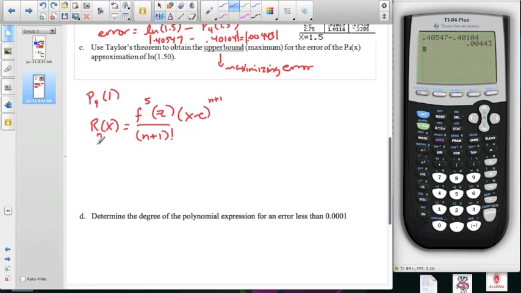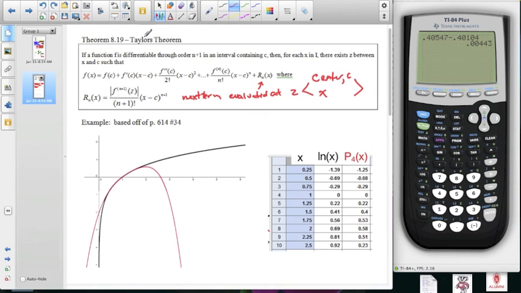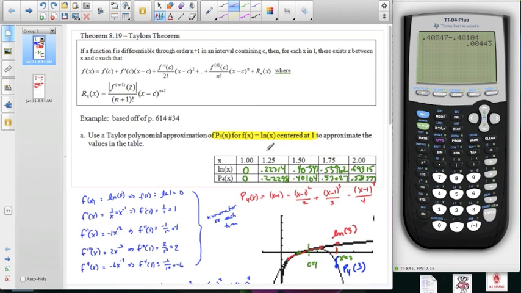And so that's going to be our remainder for our nth degree approximation. So a remainder for the fourth degree approximation is this next term that has the fifth degree polynomial expression in it. So this one would be in R4, a fourth degree remainder. And so what we need then is the value of the next derivative here.